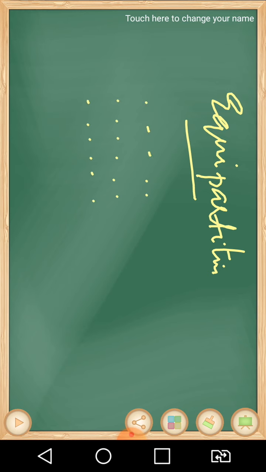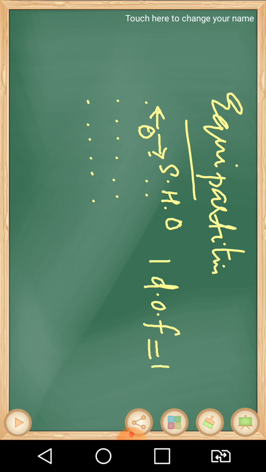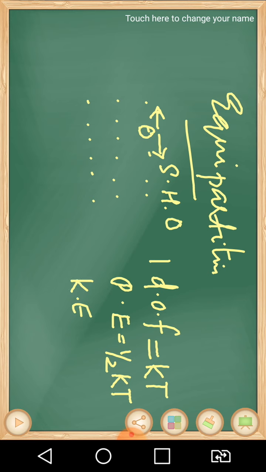Molecules are attracted by other molecules, and then these molecules execute simple harmonic oscillation due to the force of attraction, and for 1 degree of freedom kT is the energy, and it is equally partitioned between potential energy and kinetic energy. That is, potential energy is half kT, k is the Boltzmann constant, T is the absolute temperature, and kinetic energy is half kT.